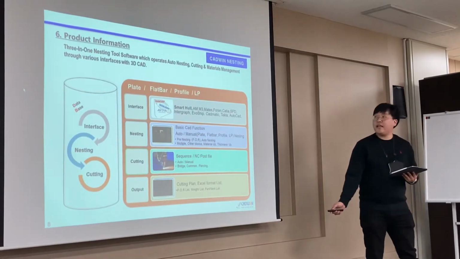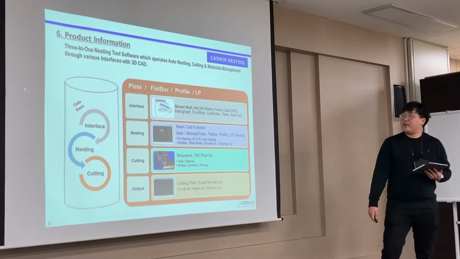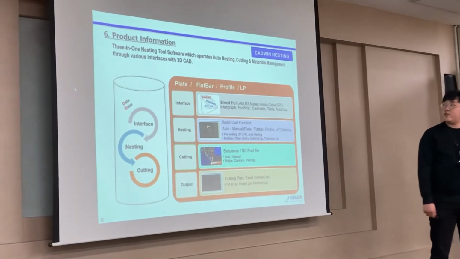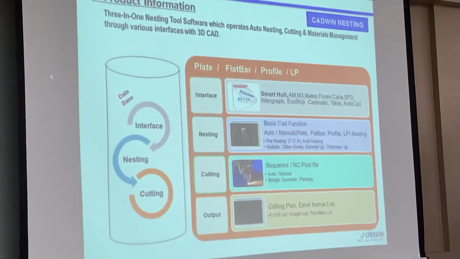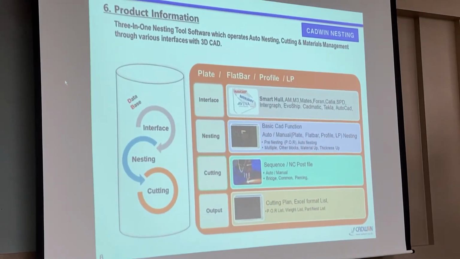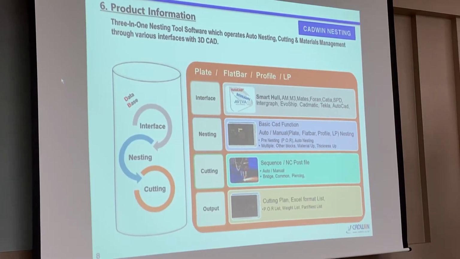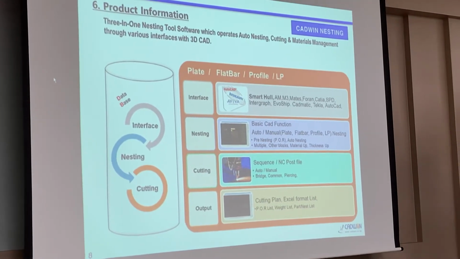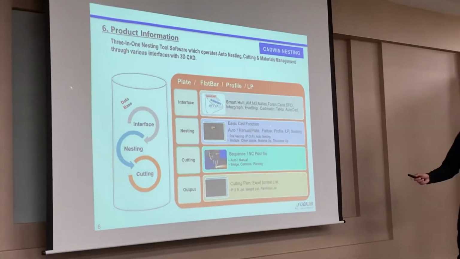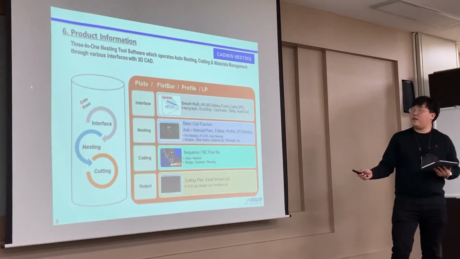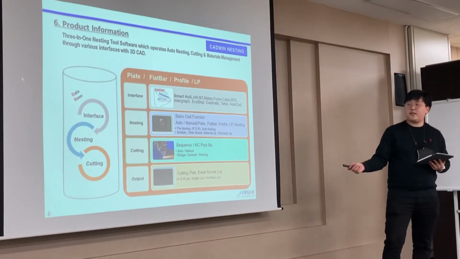Next is Cadwin nesting. Cadwin nesting is nesting software with manual and auto nesting and material management, through an interface with 3D and 2D CAD. These are the interfaces used in Cadwin nesting.